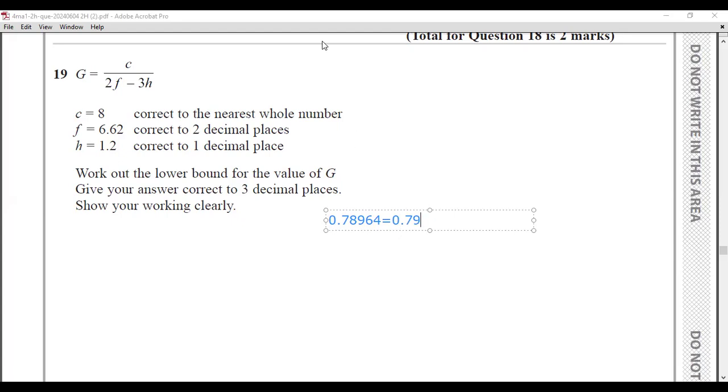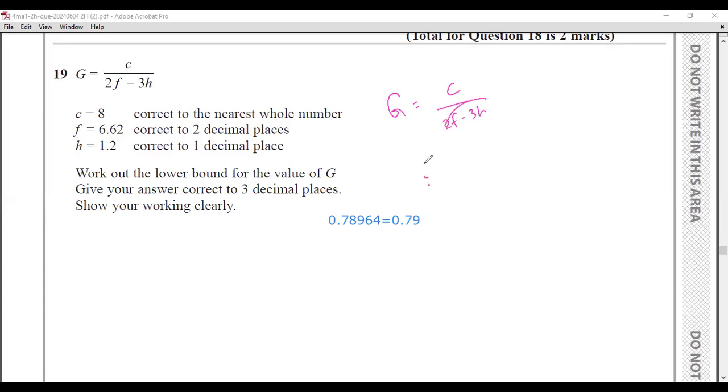This is how you have to do these problems. You need to remember one relationship: G is equal to C by 2F minus 3H.